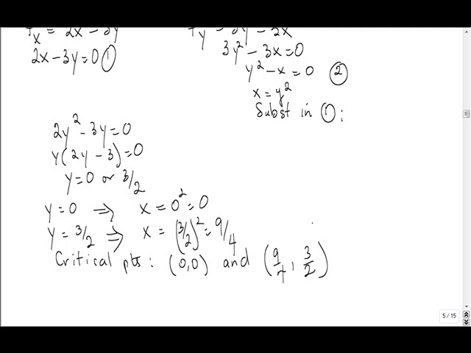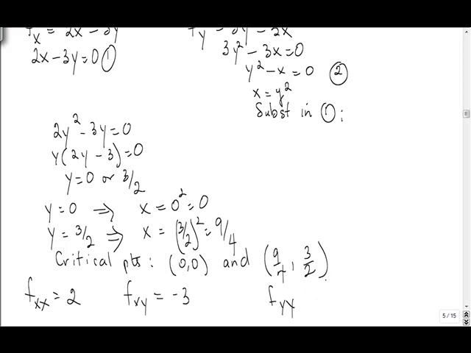We need the second partials, so let's do that. So they're right there. fxx, so you have fx up there, partially differentiated with respect to x, or 2. fxy, that's a minus 3.